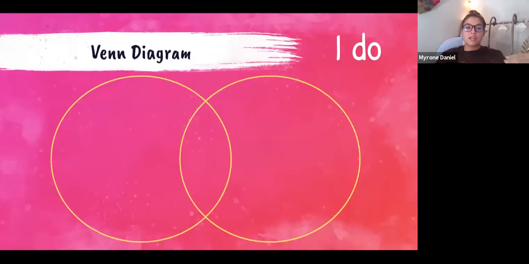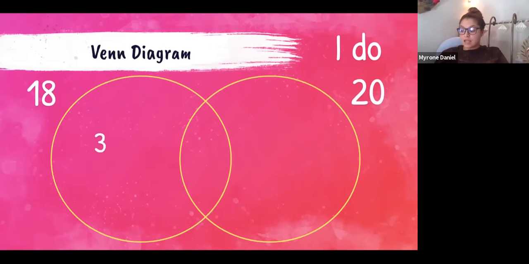So now let's do it in a Venn diagram. With the Venn diagram, we're going to show how to place the prime factors for 18 and 20 inside it. The overlapping section will contain the number 2, because in the prime factors, that's the number they have in common.